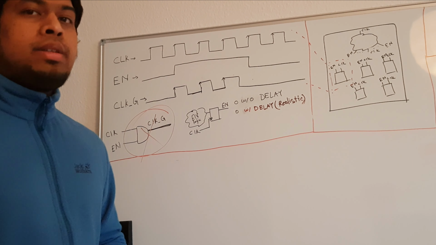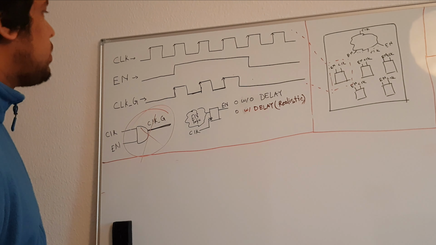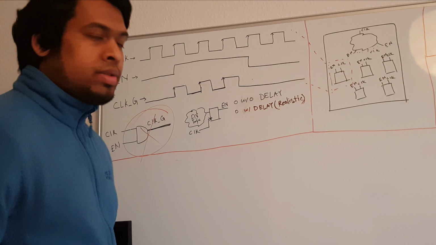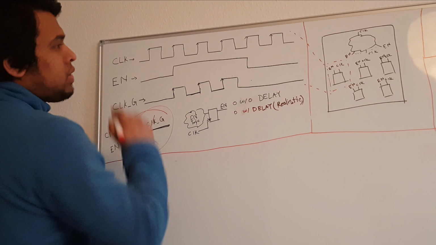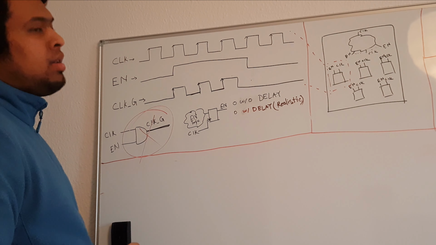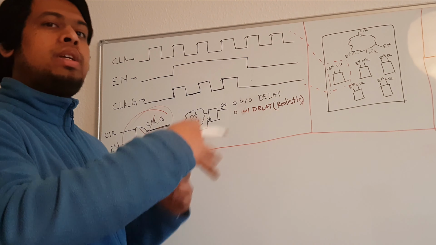All right, now let me modify this waveform so that we can observe how the delay works here. When we have an enable signal, it is also created using logic, and this logic has a delay.